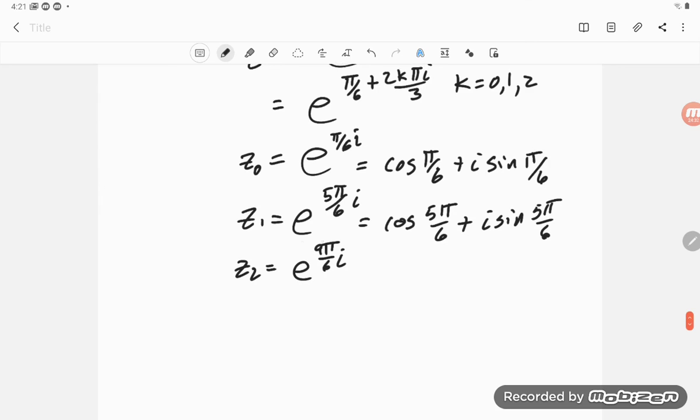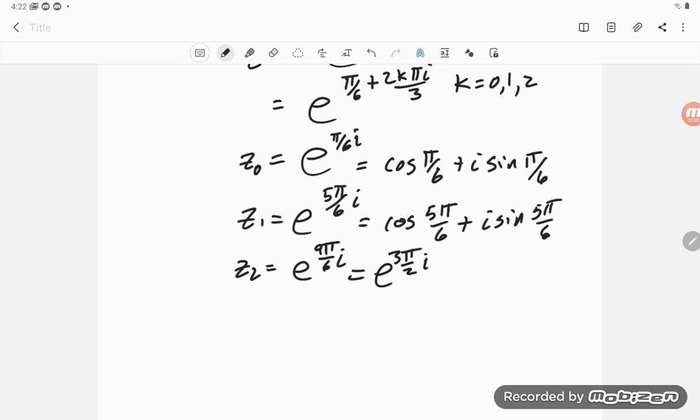Now, again, that's a perfectly fine complex number. However, that's not a principal argument. So if I want the principal argument, I need to be between pi and minus pi. So this is actually 3 pi over 2, right? So this is e to the 3 pi over 2 i.